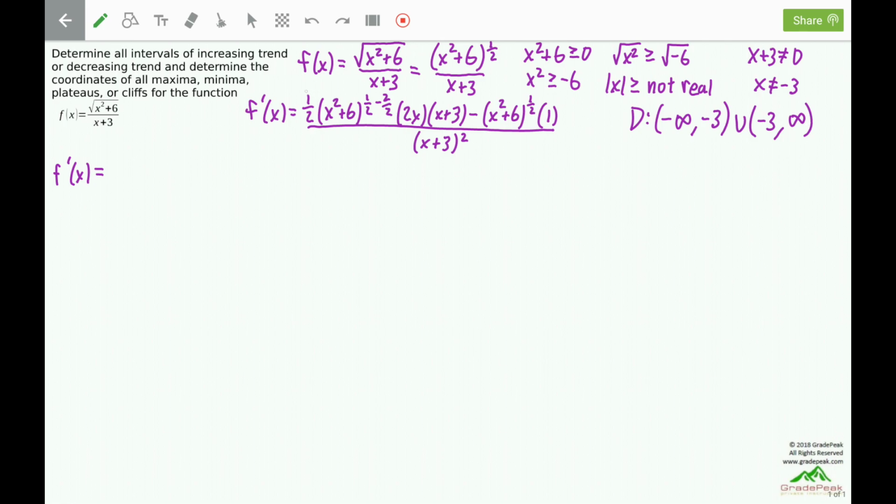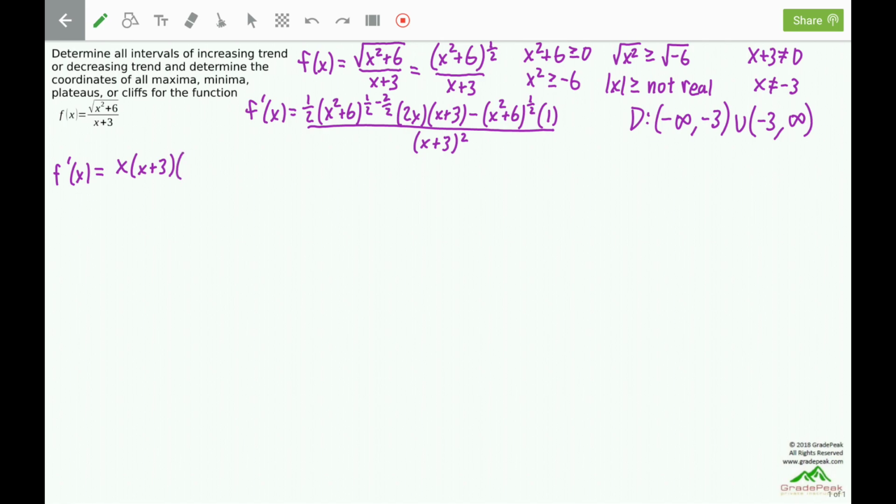The first term in the numerator, we can collect the constants together. There's a 1/2 and a 2. Those can multiply. 1/2 times 2 is 2 halves, or 1. There's also an x and an x plus 3 that can be moved to the front that are multiplying each other. So x times x plus 3.